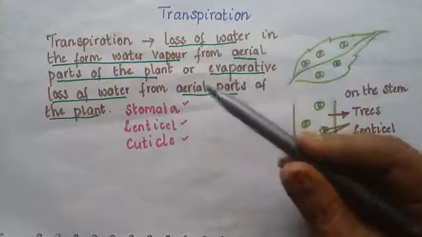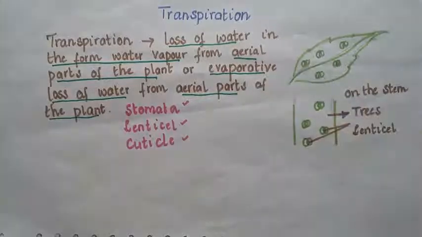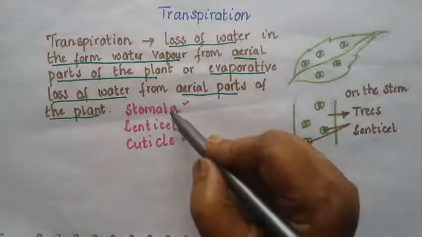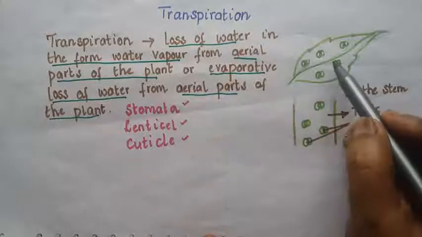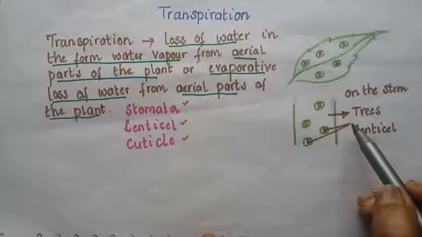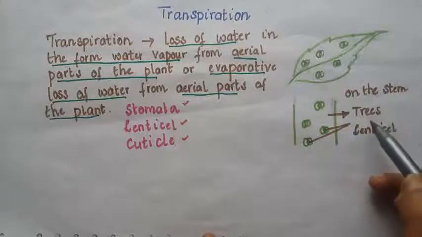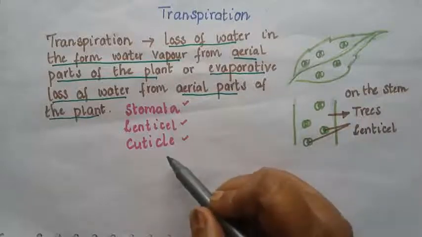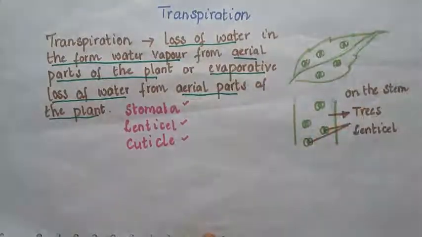Fine. So thus the three aerial parts refer to stomata found in the epidermis of the leaves, lenticels on the bark or on the stem of the trees, and cuticle on the surface of the leaf.